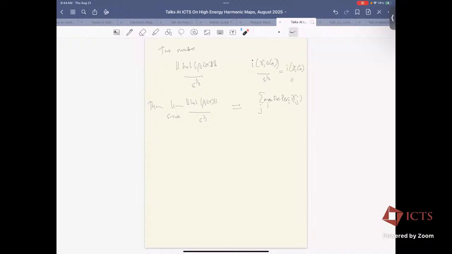So that's the theorem that my co-authors proved and put my name on. This is Loftin, Tamburelli, and me.